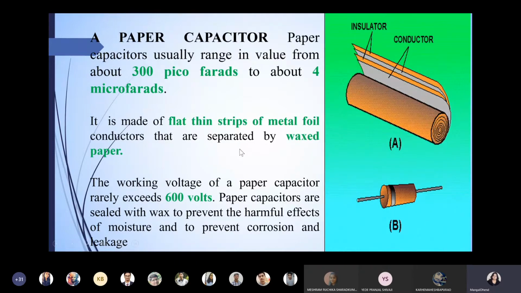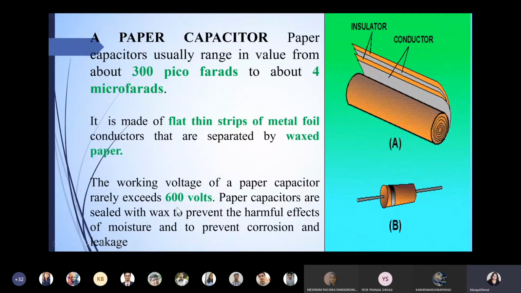What is the purpose of impregnation? But here instead of using word impregnation, word used is waxed. So why waxed is used? See, the working voltage of a paper capacitor rarely exceeds 600 volt. Because you know power voltage, we are just using 400 volt is our power voltage for 3-phase.